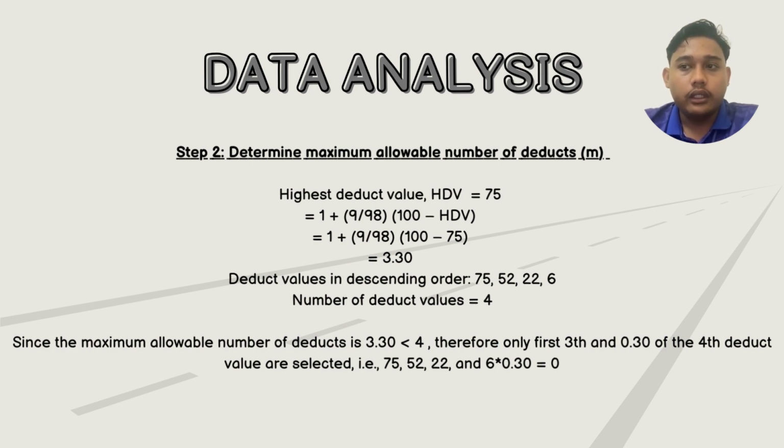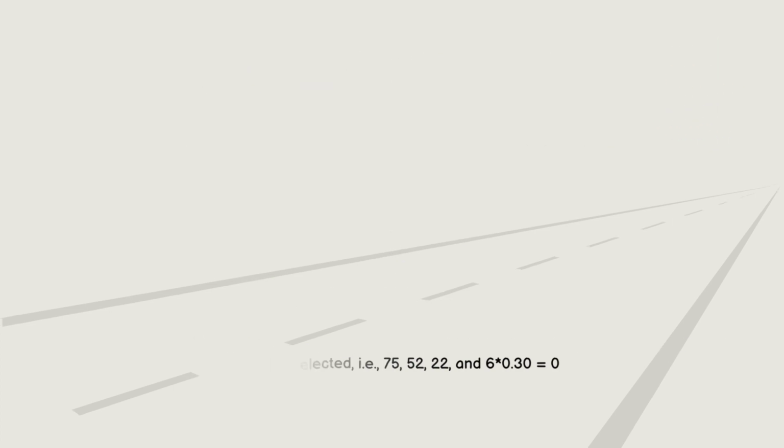The deduct values in descending order are 75, 52, 22 and 6, and the number of deduct values is 4. Since the maximum allowable number of deducts, 3.3, is less than 4, only the first three and 0.3 of the fourth deduct value are selected. That is 75, 52, 22 and 6, so we assume 0.3 is 0.